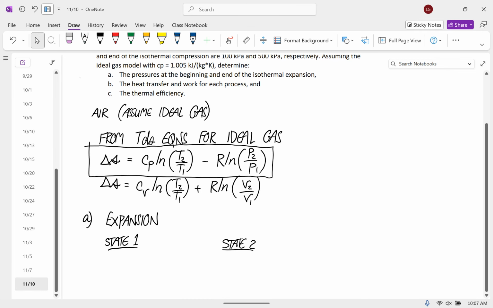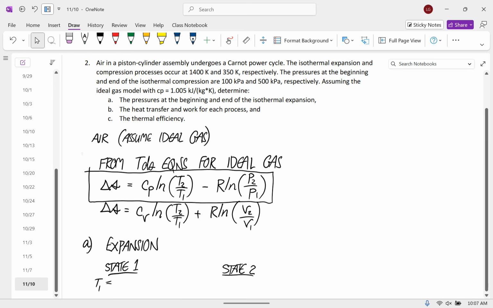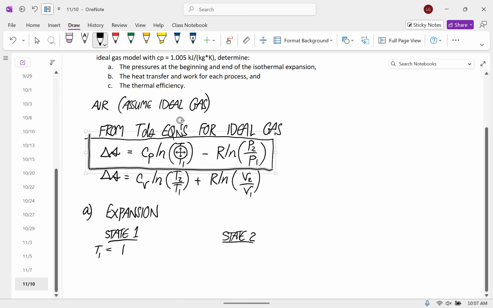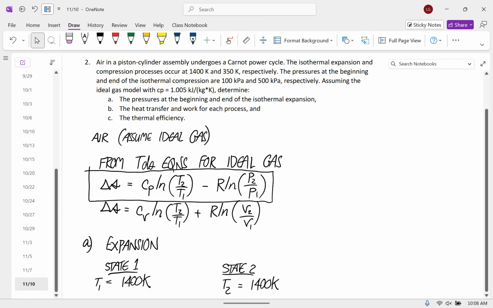The isothermal expansion is at a temperature of 1400 K. That's the temperature at the end also. And we're given the pressures at the beginning and end of the compression.